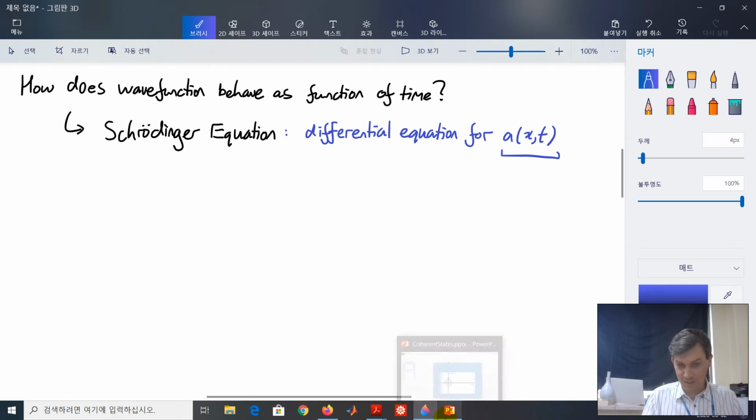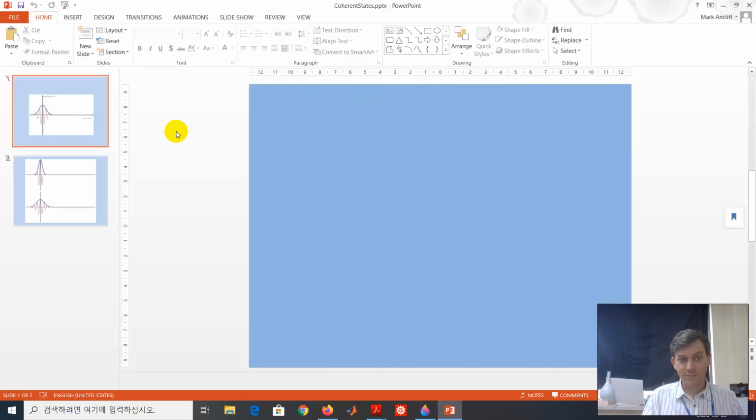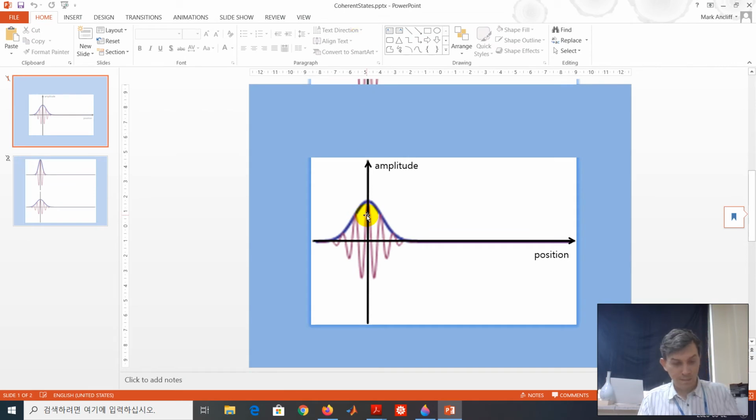That is in the animation here. Before I start the animation, what you have here is a wavelet. It has a well-defined localized position, and its momentum is related to the wavelength of these red lines inside the wavelet.